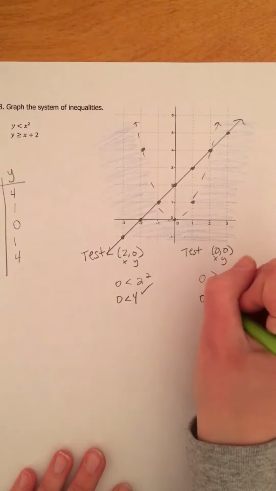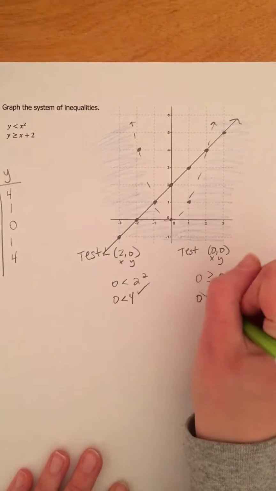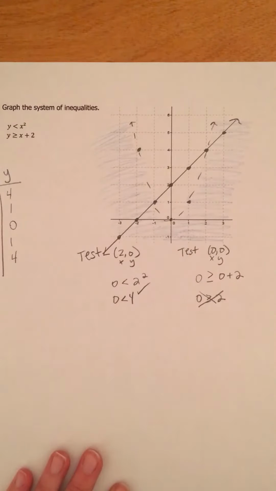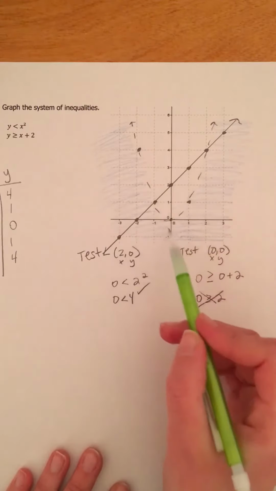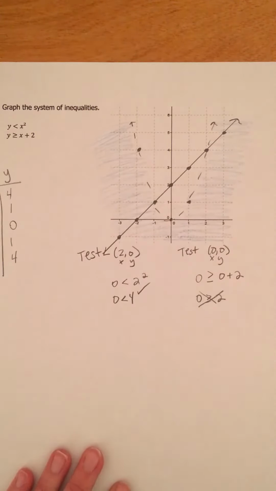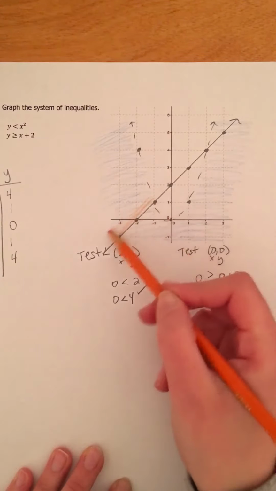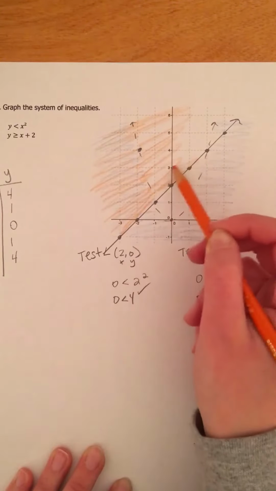Is 0 greater than or equal to 2? No, right? 2 is bigger than 0, not 0 bigger than 2. So not true, so I'm not going to shade where 0, 0 is compared to the line. Compared to the line, 0, 0 is down here. I'm going to shade above that. I'm going to do that in orange. So everywhere above the line.